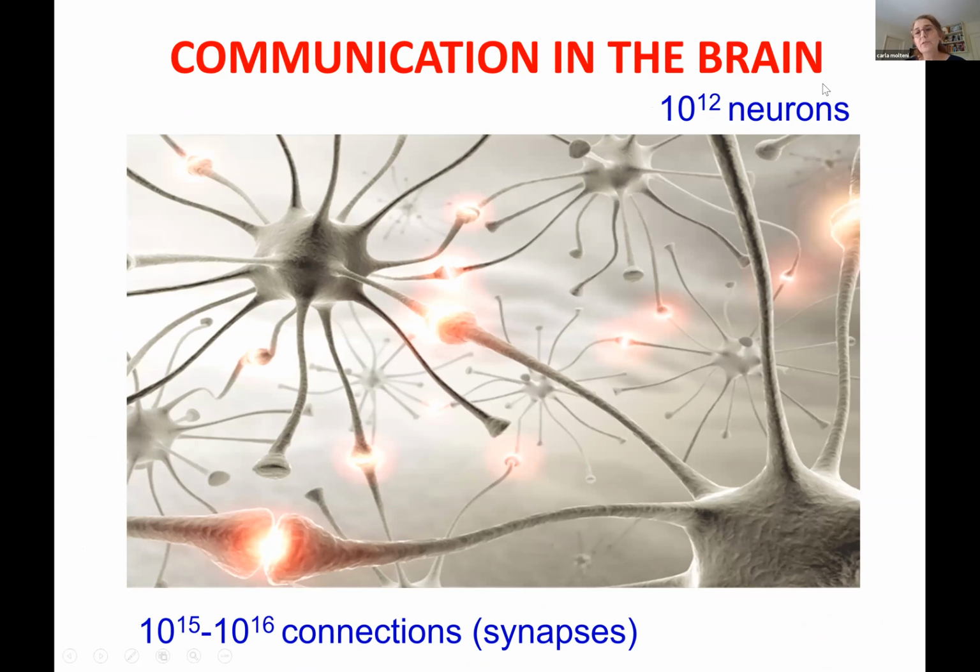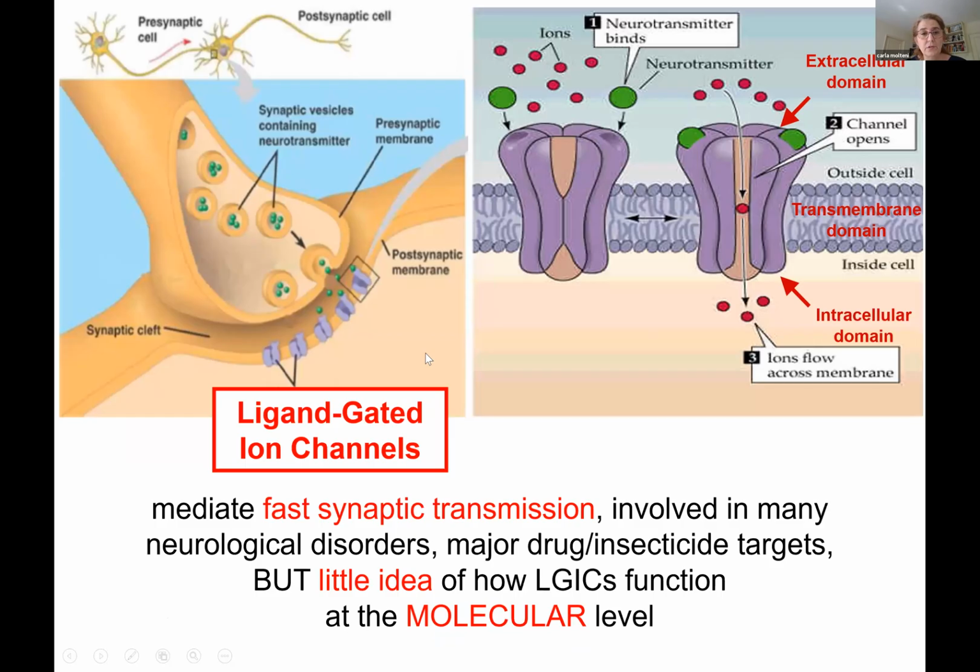So we have a lot of nerve cells, the neurons in the brain, and these are connected through many connections that are called synapses. And the neuroreceptors we're interested in are linked to the synaptic communication, and so are linked to these red spots between the various neurons.